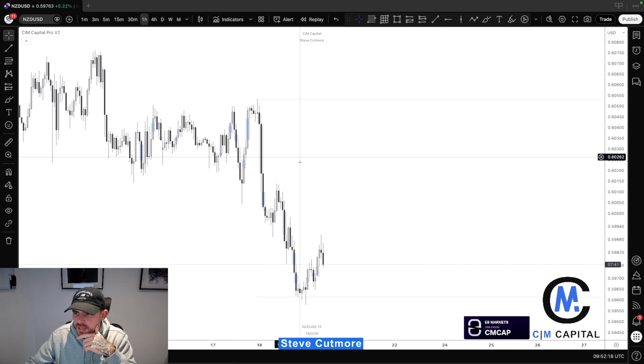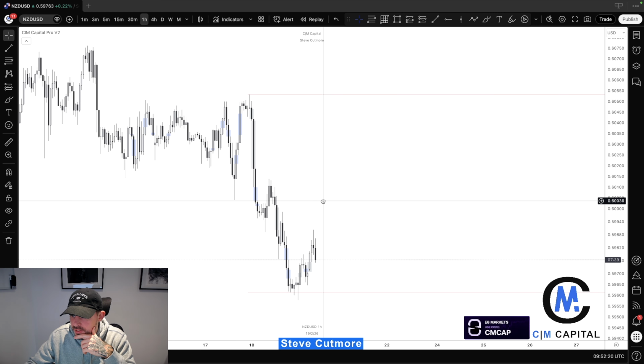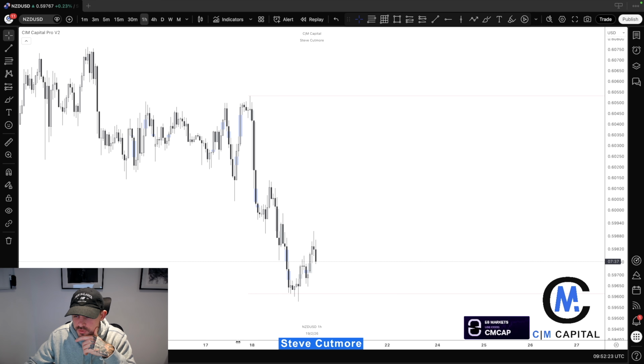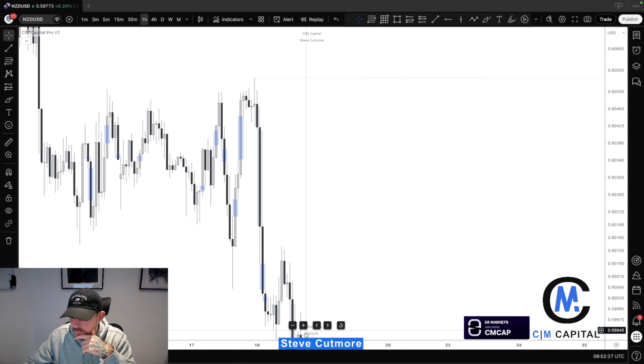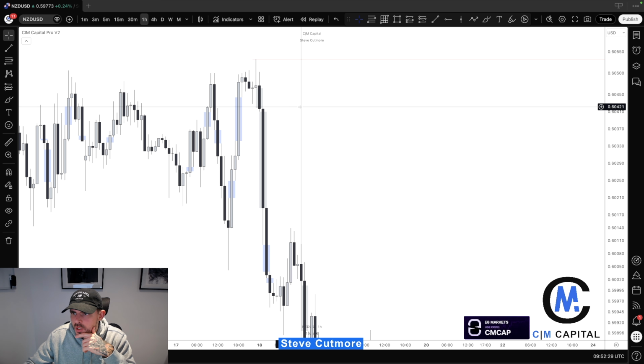And what I mean by that is, let me try and find something. I could just use this for an example, to be honest with you. So let's zoom in. So we've got this black candle. That's a fair value gap candle as well. So there's a candle here, this big candle, and then this other big candle.